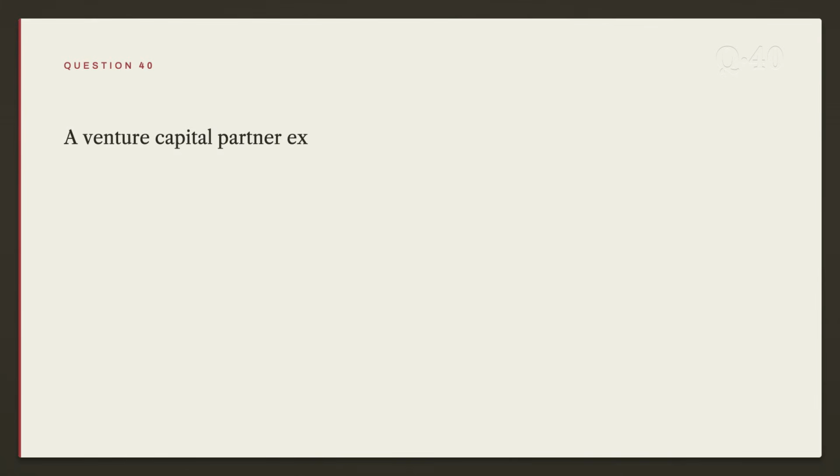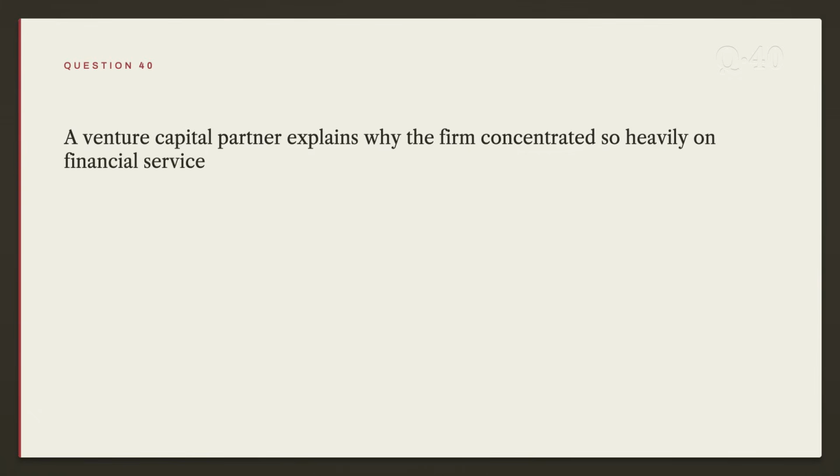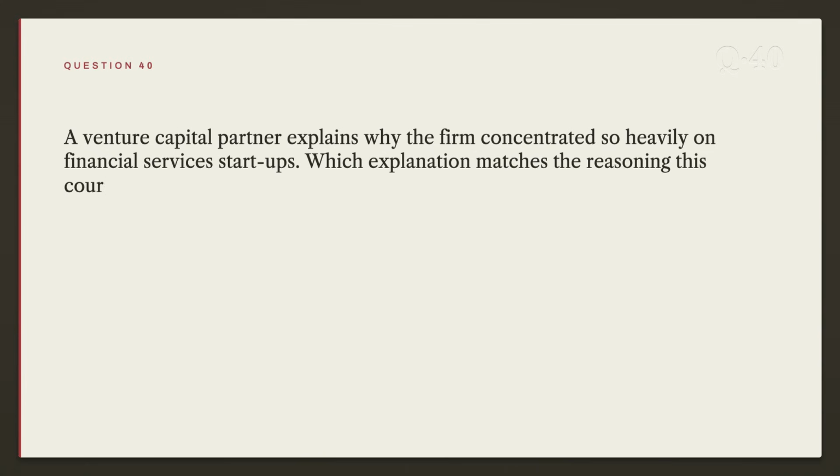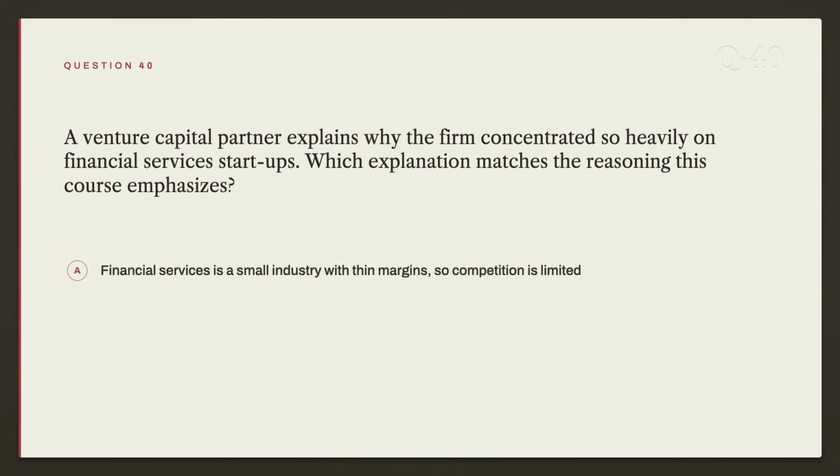Question 40. A venture capital partner explains why the firm concentrated so heavily on financial services startups. Which explanation matches the reasoning this course emphasizes? Your options are: A. Financial services is a small industry with thin margins, so competition is limited.